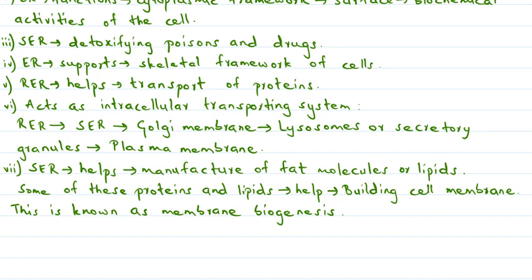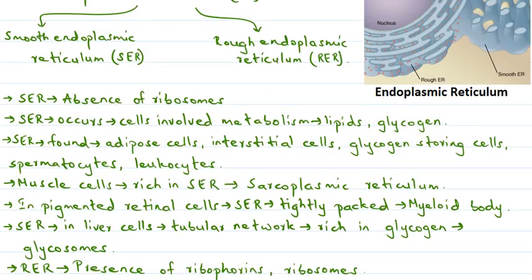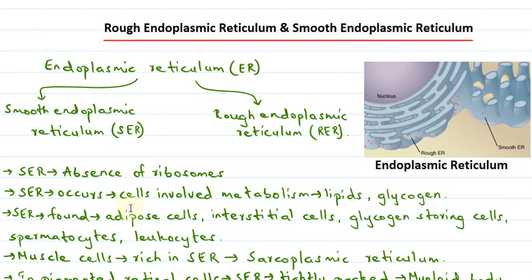Now let's quickly revise everything that we have covered today. So today we discussed in detail about the two types of endoplasmic reticulum. One is the smooth endoplasmic reticulum, also known as SER, and the other one is the rough endoplasmic reticulum, known as RER.